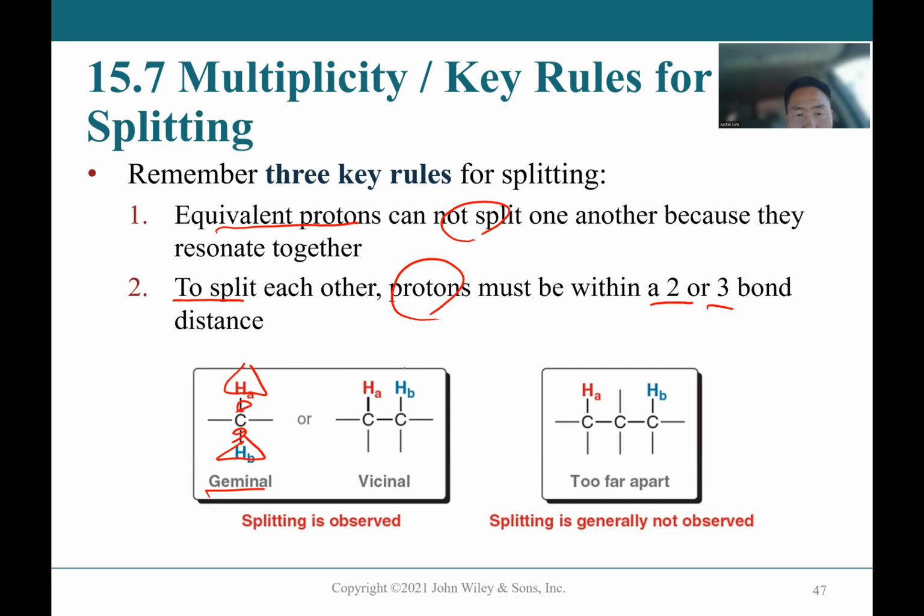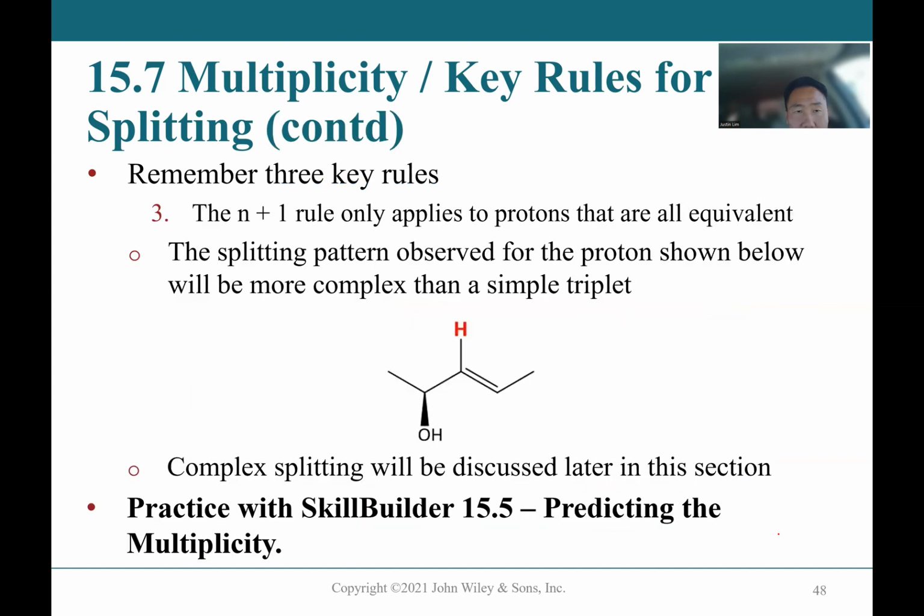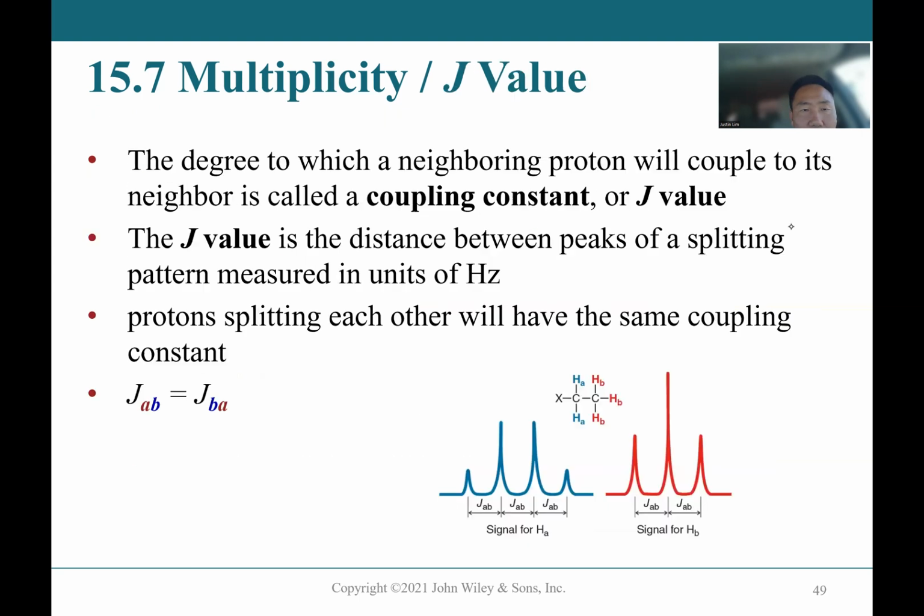Between HA and HB, we see a 3 bond distance. You can call it vicinal. Between HA and HB, we can see a 4 bond distance. The splitting is generally not observed because they are too far apart. Number 3, the n plus 1 rule only applies to protons that are all equivalent.